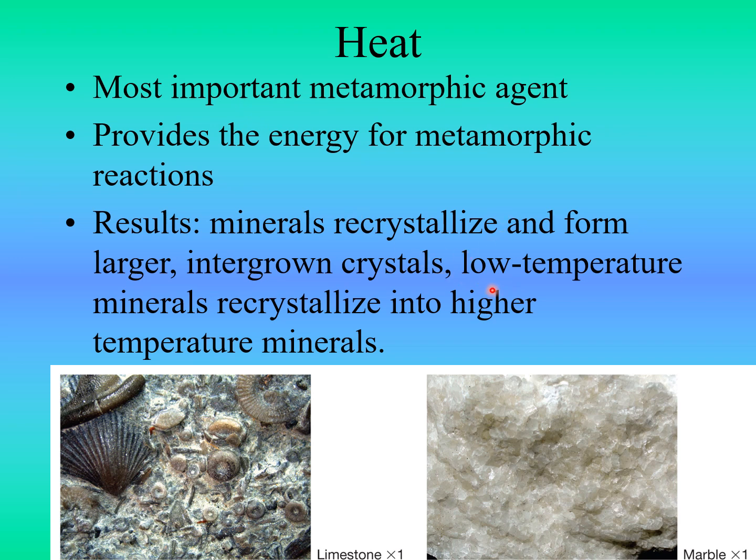And because of the different properties of different minerals, the lower temperature minerals like quartz and potassium feldspar and muscovite, they'll start to slightly melt and form new bonds and will thus recrystallize into higher temperature minerals.